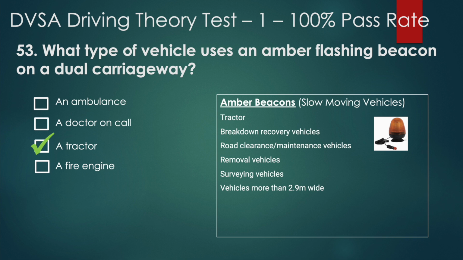Usually amber beacons are present in slow moving vehicles such as tractors, breakdown recovery vehicles, road clearance or maintenance vehicles, removal vehicles, surveying vehicles, and vehicles more than 2.9 meters wide.